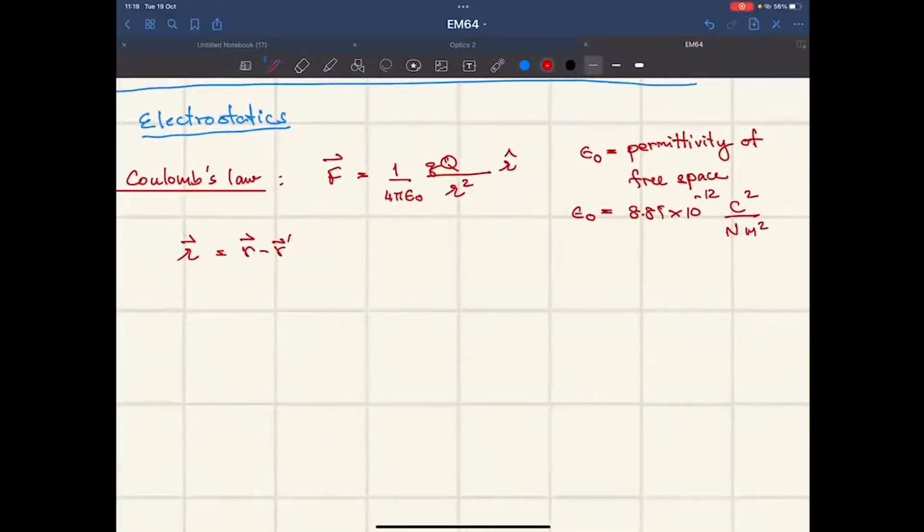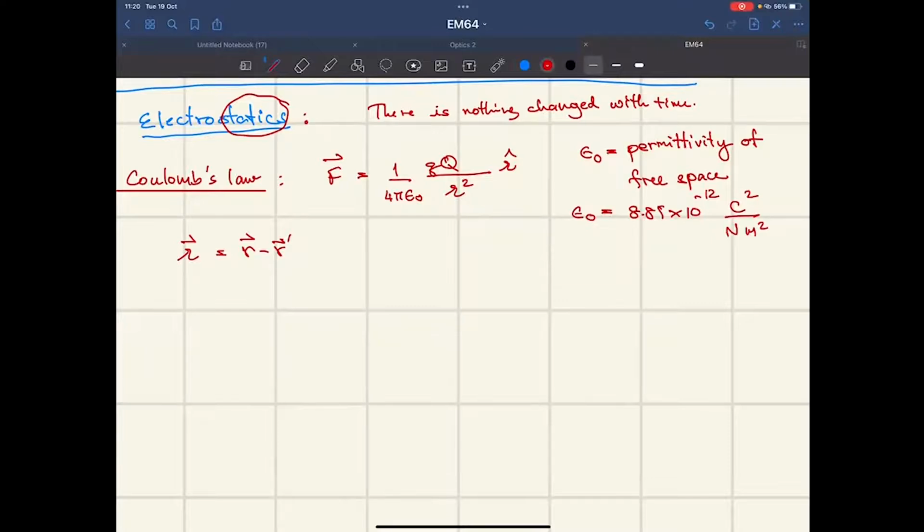Before I go further, when we talk about electrostatics, it's very important to know that the word static means that nothing changes with time. It's constant over time. So the electric field or anything else doesn't change with time.